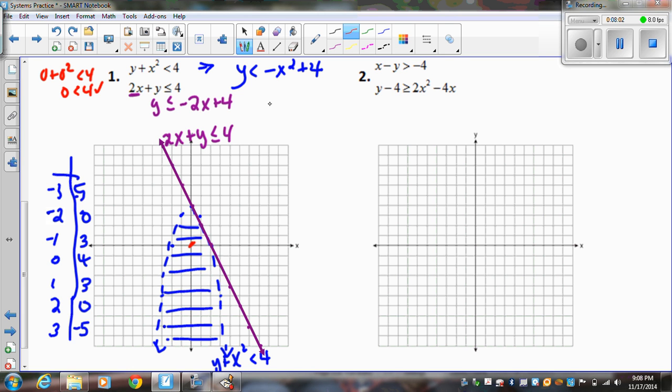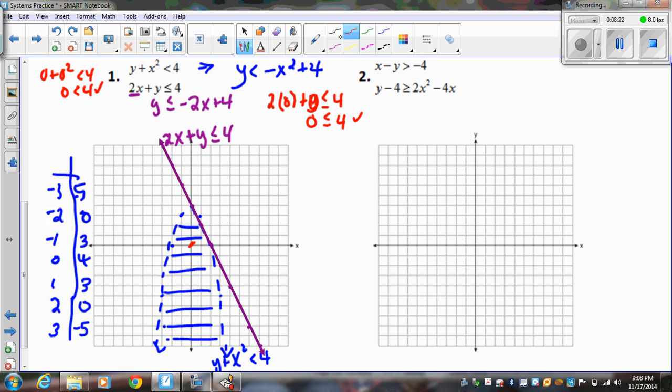I'm going to substitute back into my original equation for my test point. So that's 2 times 0 plus y is less than or equal to 4. Oops, I'm sorry, that y should be a 0. So that's going to be 0. Is 0 less than or equal to 4? Yes, it is. It checks. It's a true statement.